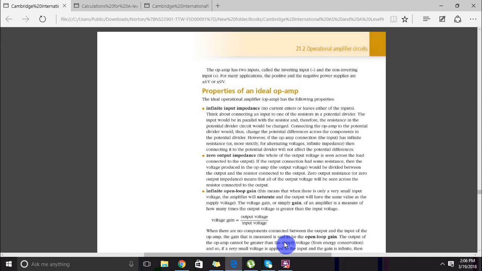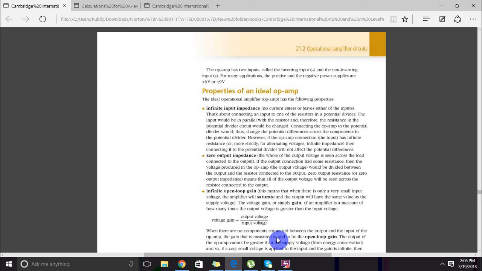And that's just it. The amplifier cannot amplify beyond a certain value. So even if the input is small, we're going to have the maximum amount of voltage that a particular op amp can possibly give. And the maximum voltage is limited by the supply voltage.